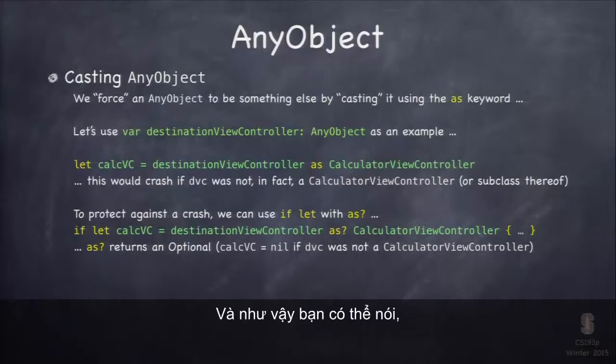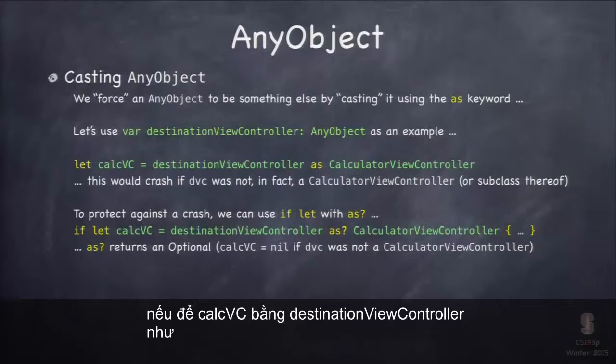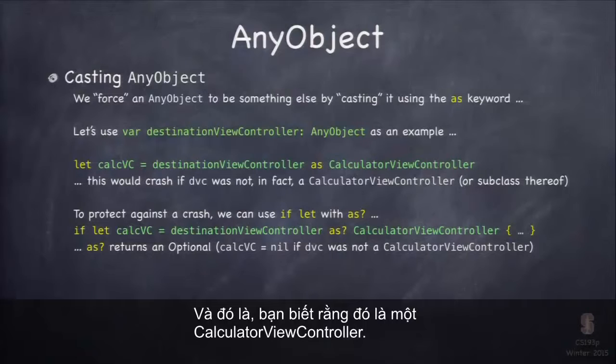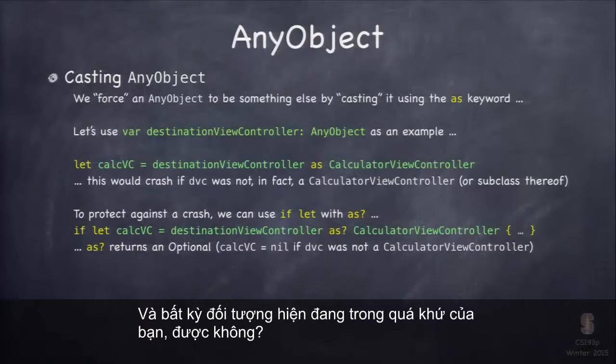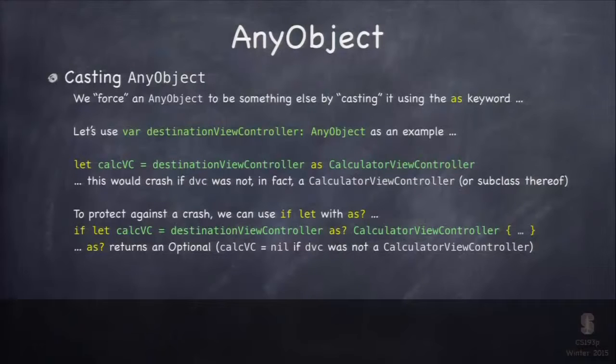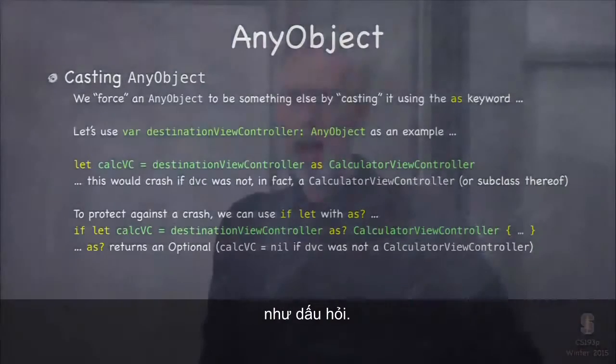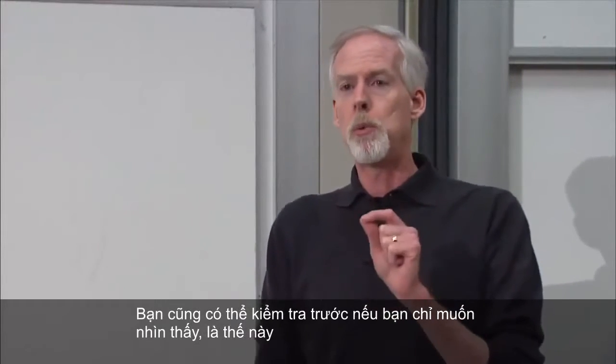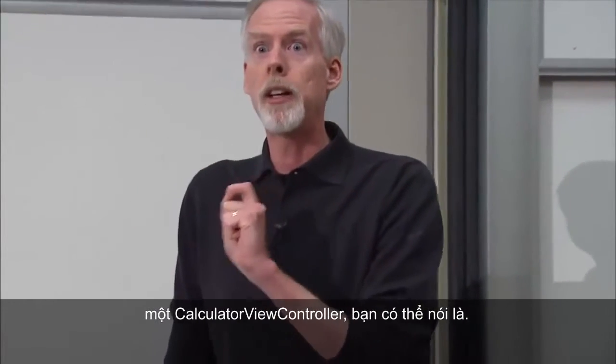And so you can say if let calc VC equals destination view controller as calculator view controller, and then inside there you've got calc VC set, and you know that it's a calculator view controller, and any object is now in your past. Okay? Make sense? So we get as and as question mark. You can also check beforehand if you just want to see, is this a calculator view controller?